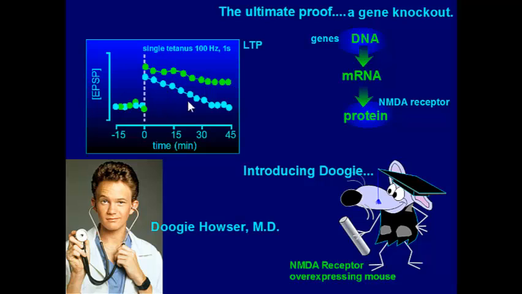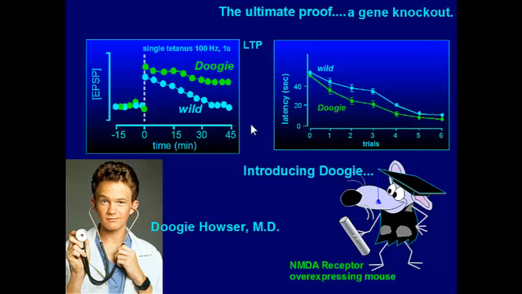This is just another way of showing LTP. Here, in this case, the Doogie is in green. So here's a stronger LTP compared to our so-called wild type mouse. And here it is with the Morris water maze, finding that hidden platform.